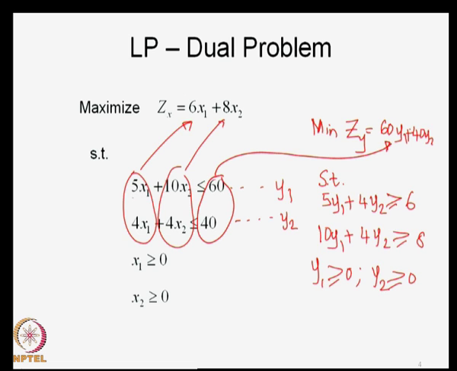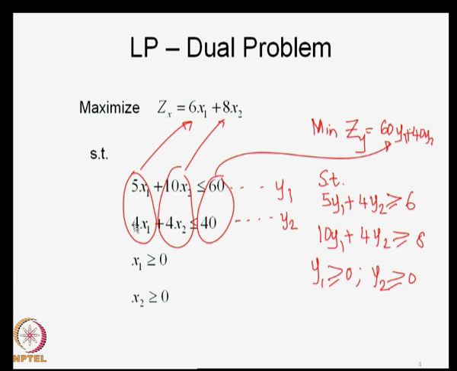Then I look at one variable at a time. Corresponding to each variable, I write a constraint. So, what was a variable will lead to a constraint in this form. I look at x 1 now. The coefficients of x 1 in each constraint, multiplied by the new variables, form the left hand side of the constraint.